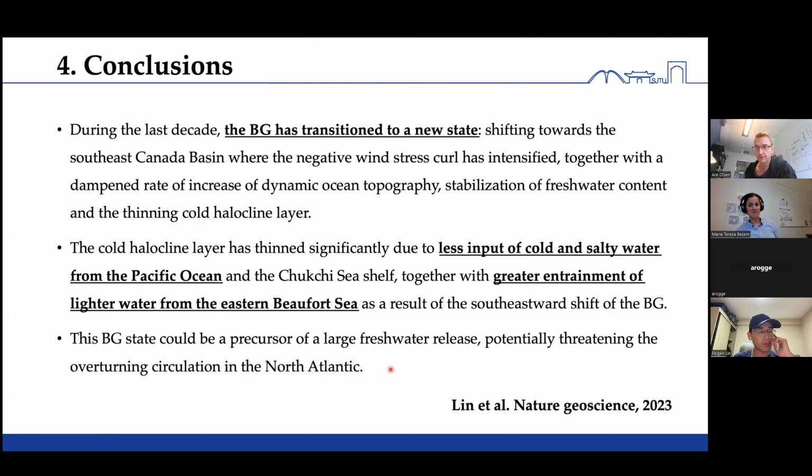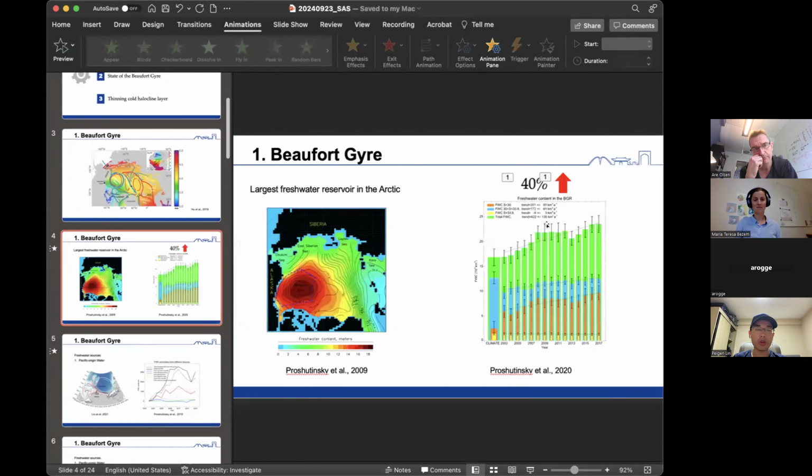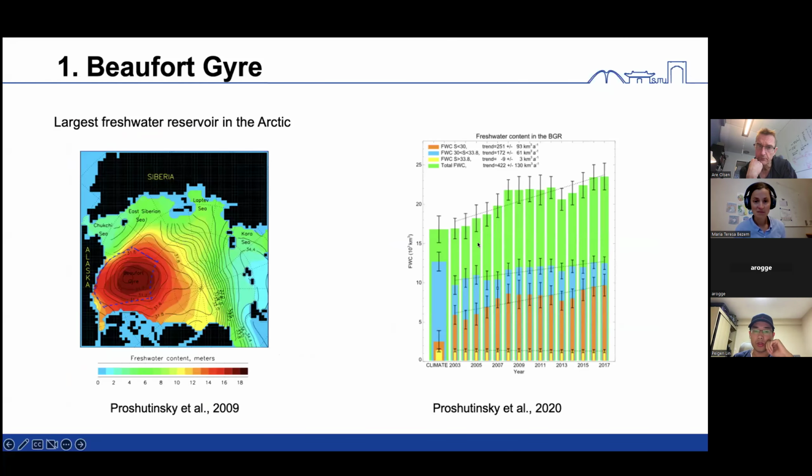Oh, good point. As I said in the very beginning, freshwater content increased by 40% compared to the climatology, and now the freshwater content has kind of stabilized in the recent decade.